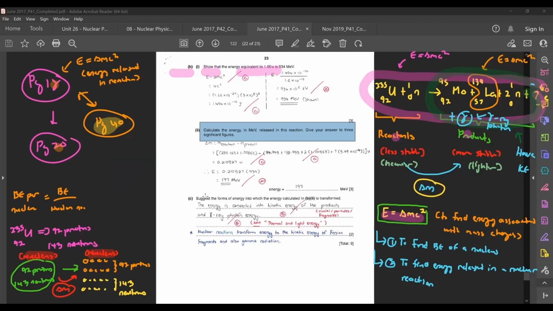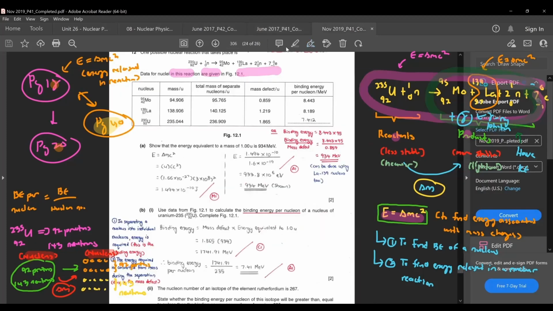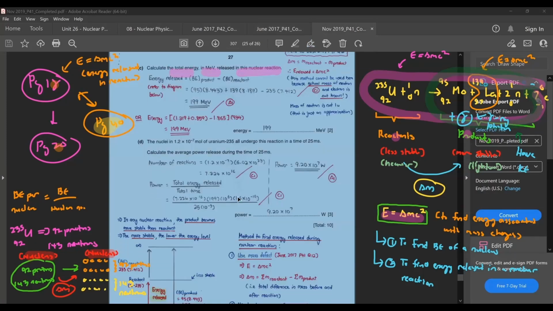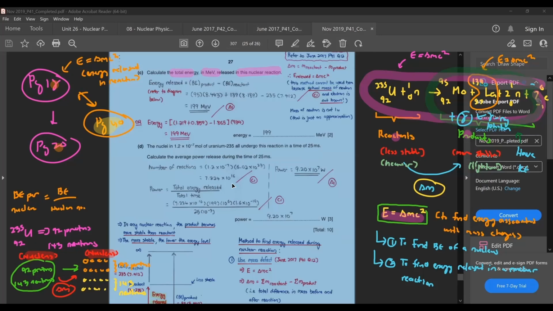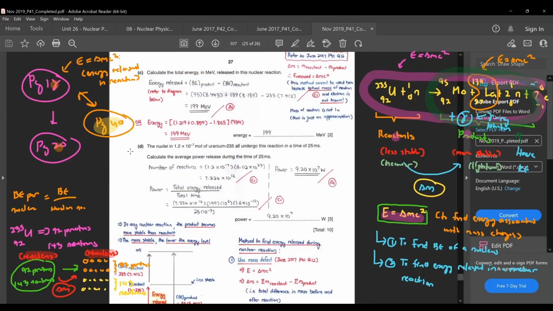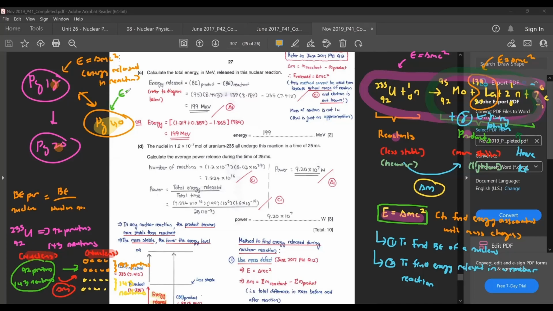It's also the same exact question. But why is it that in my current case, if you look at the workings later on, I'm actually not using E equals delta m c squared? I'm using something totally different instead. Okay, sorry, I cannot delete this. But in my case here, for page 40, for energy released in a nuclear reaction, I actually did not use E equals delta m c squared. Instead, I avoided using it.